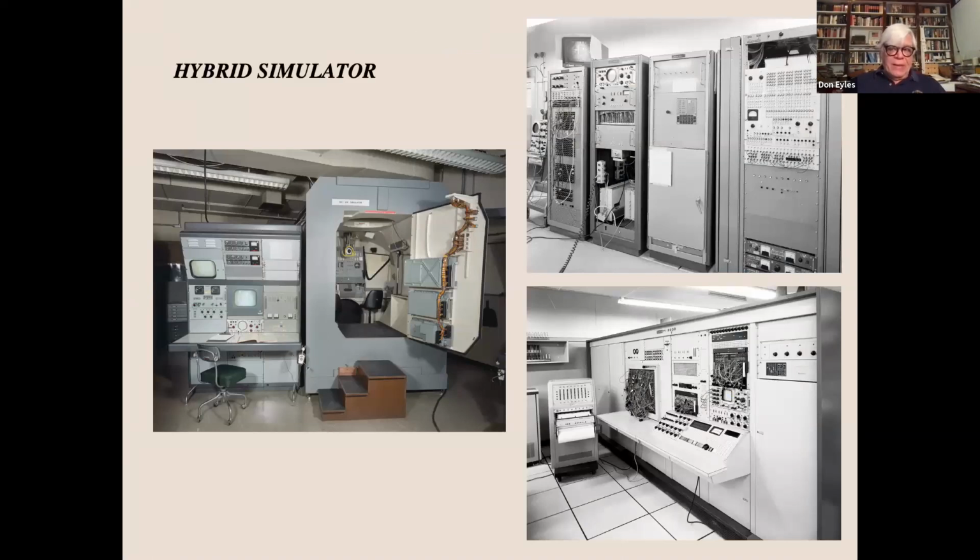Testing. How did we test our software? Well, we had various ways of doing it. One that I couldn't think of a good slide for was our all digital simulation, which could be called the gold standard.